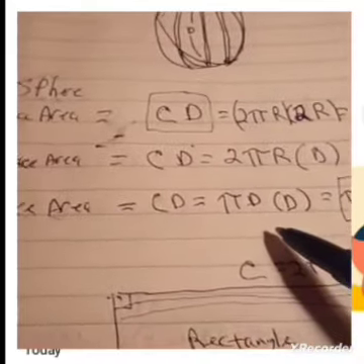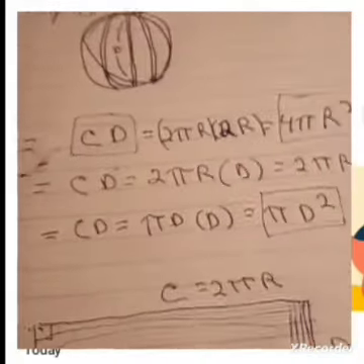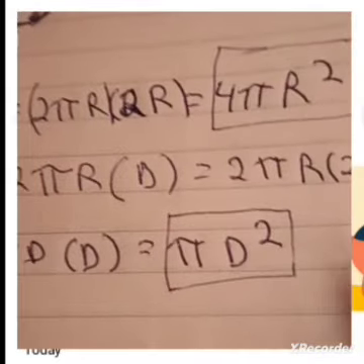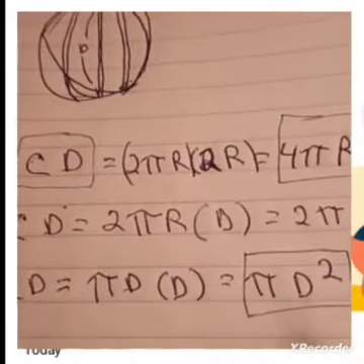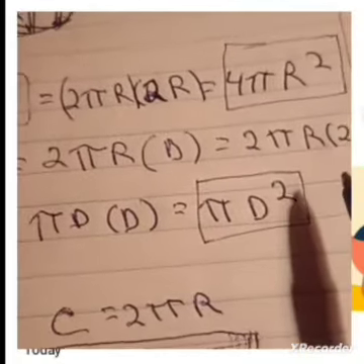Let me check that a minute. Pi times diameter squared. Yeah, it is pi times diameter squared. Let's see how we got that formula.